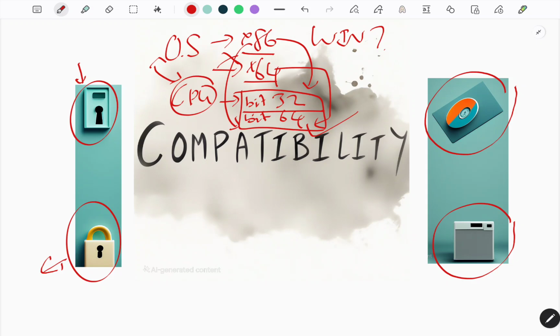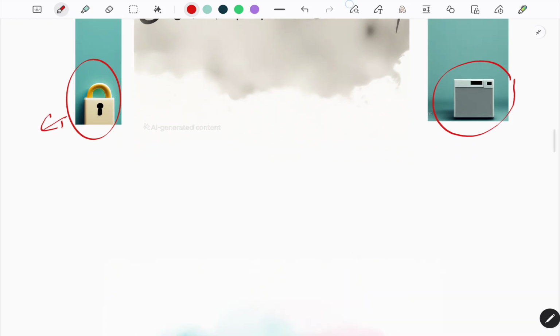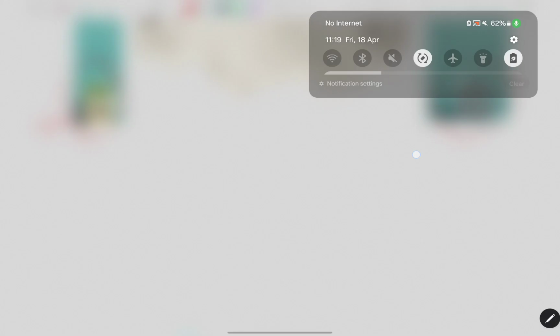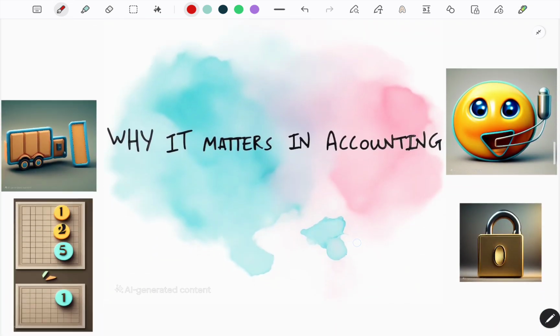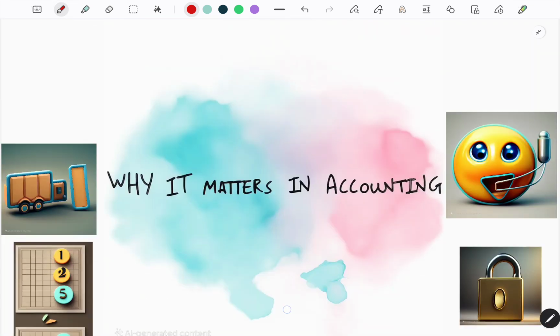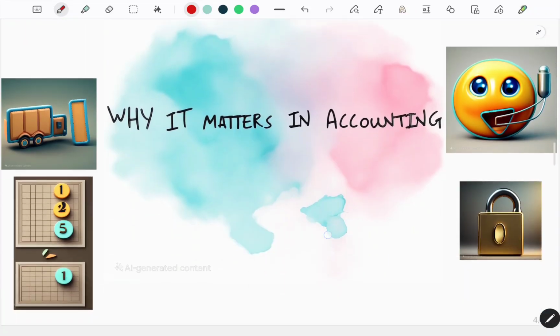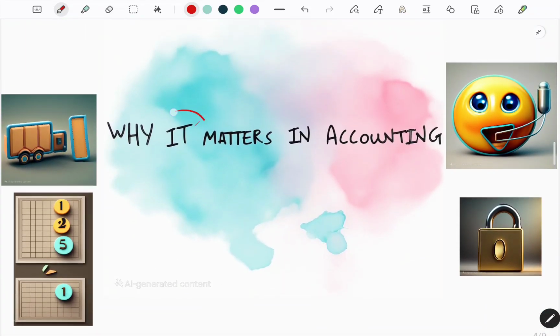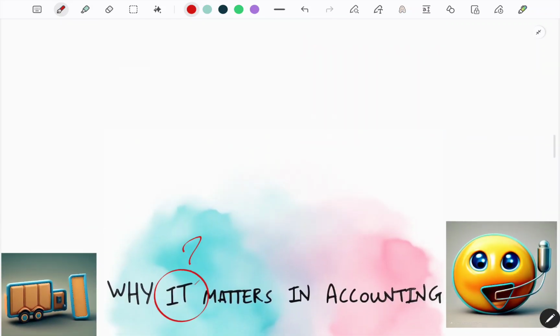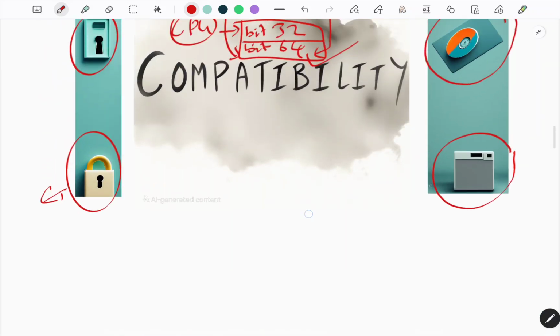That's all actually. Now we come to this final part. Why it matters in accounting? After all this story, why does it matter? The "it" over here is the compatibility.